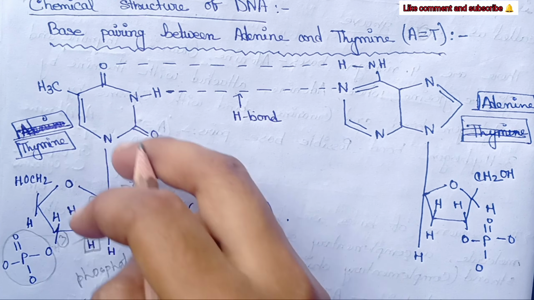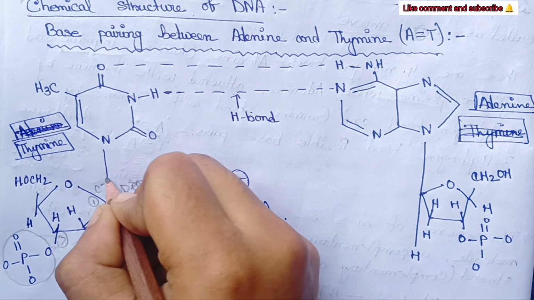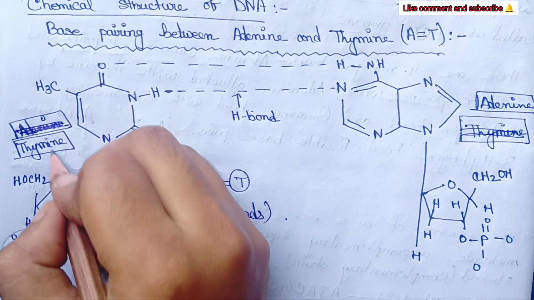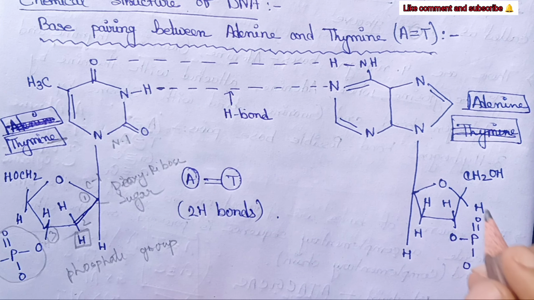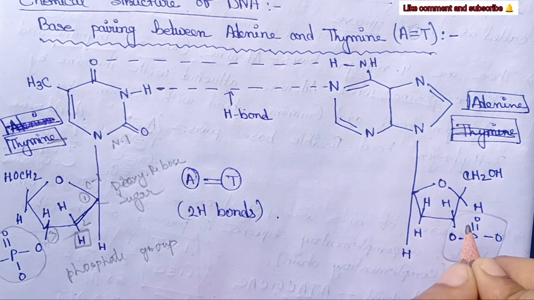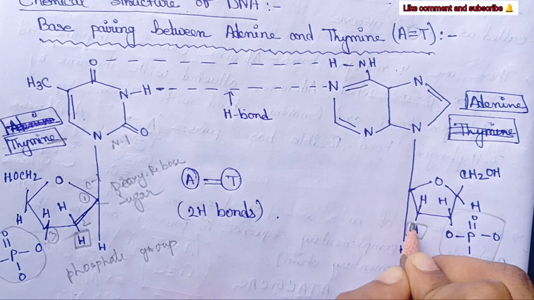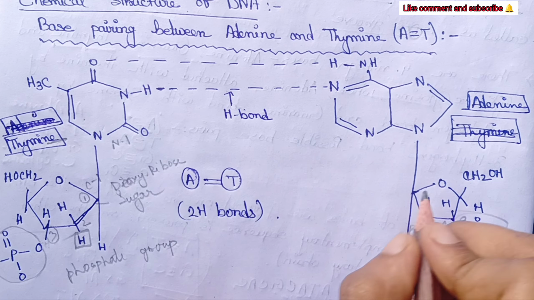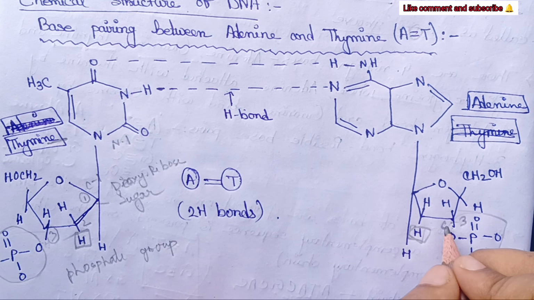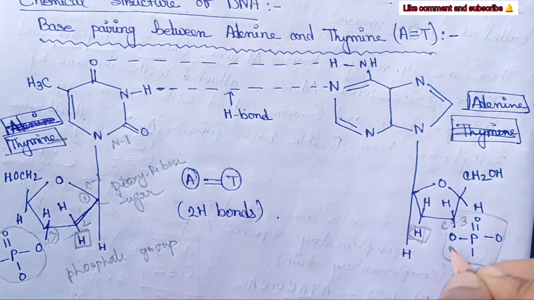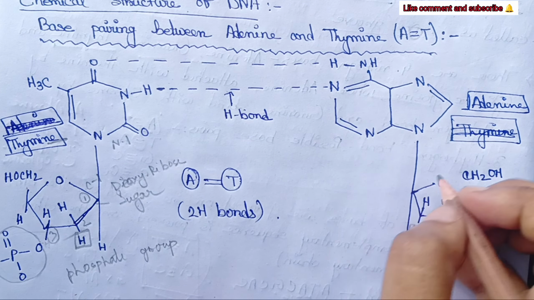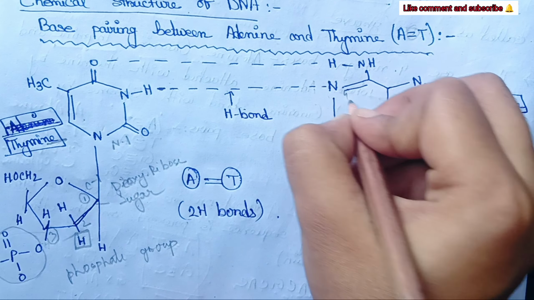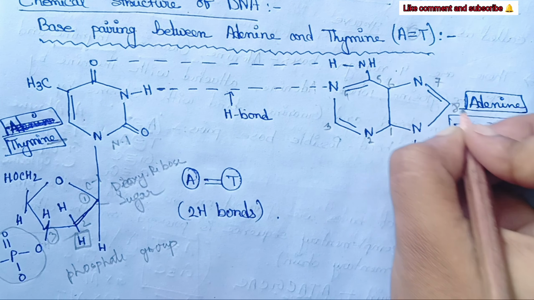Then the sugar molecule is attached by C1 to the N1 of the thymine. So this is the structure of thymine. And the same, there is a phosphate group, and this is a deoxyribose sugar. There is also a C3, the carbon number 3 of the sugar, attached to the phosphate group, and carbon number 1 is attached to N9, the nitrogen number 9 of the adenine base, counting 1 2 3 4 5 6 7 8 9.